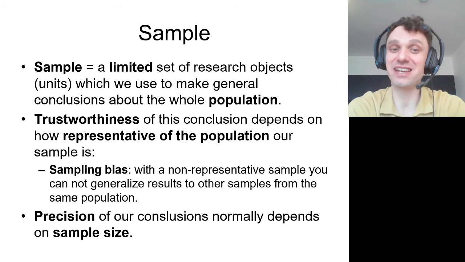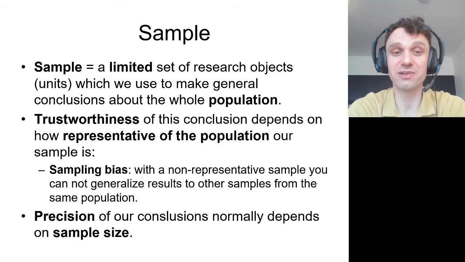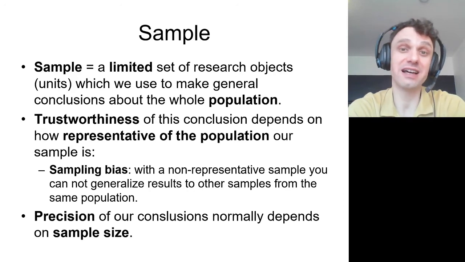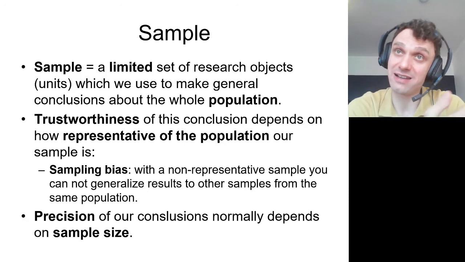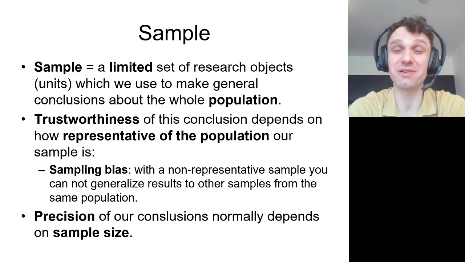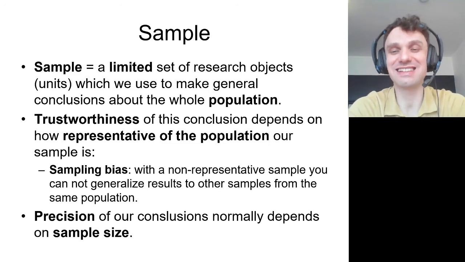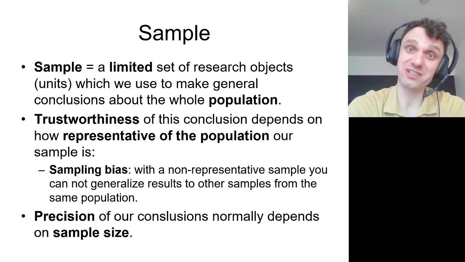But obviously having a representative sample is not enough. Also, our sample needs to be large enough. If we only have 10 people, can we really make a reliable, precise estimate of the attitude of Russians to ice cream? Probably having just 10 people is not enough. And actually, your sample can be very large, but it does not mean that it's representative.